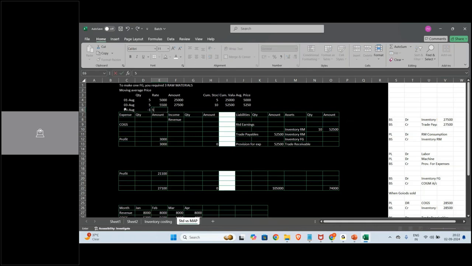So inventory will get reduced by 1 into 5,250. COGS is 5,250. Revenue is 8,000.